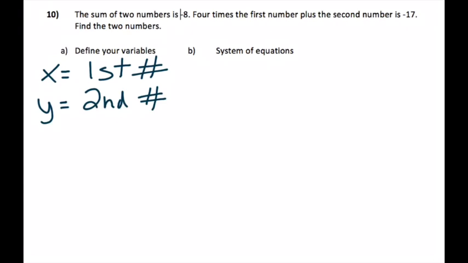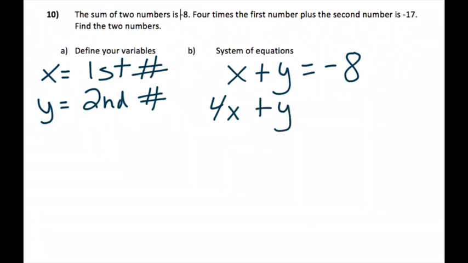So the first number plus the second number equals negative 8. Then we have 4 times the first number, so 4 times x, plus the second number, so plus y, equals negative 17.